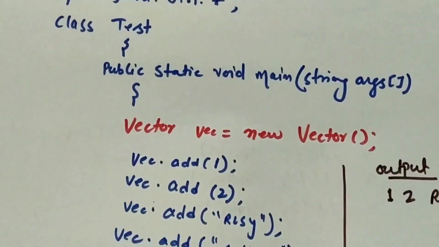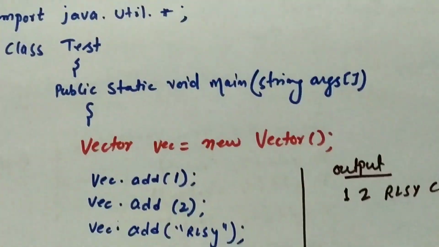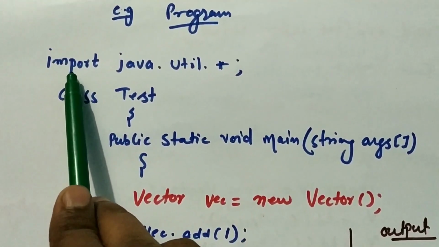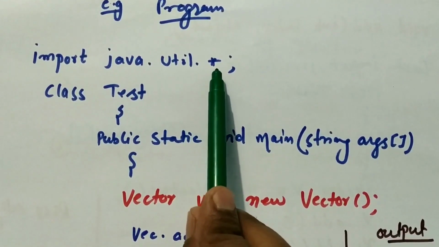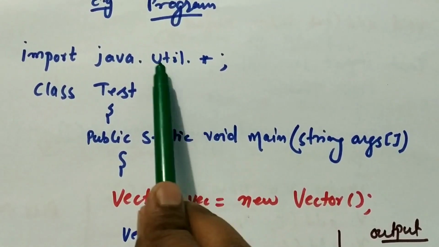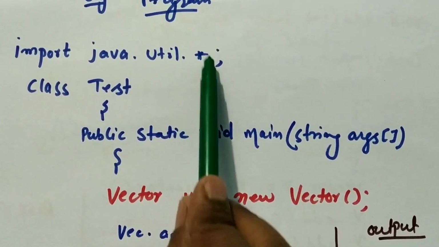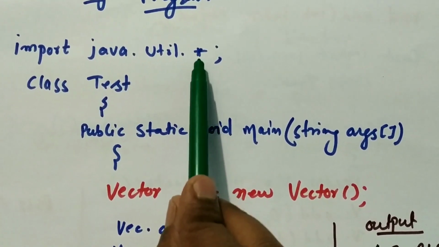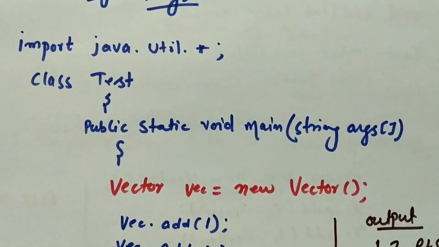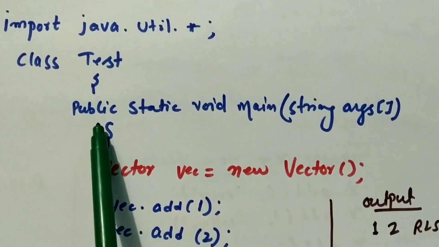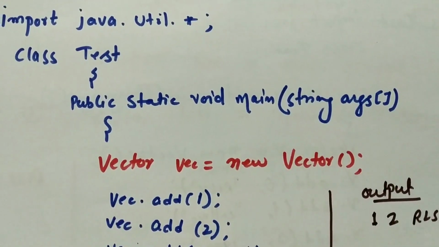The first one, you can see here I have written one example for you all. The top line is import java.util.*. That means util is a package, and dot star means all the methods and classes are imported in this program. Next is class Test, this is the class name, and public static void main(String args).